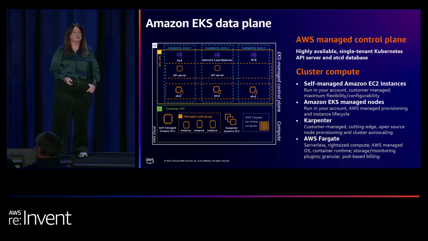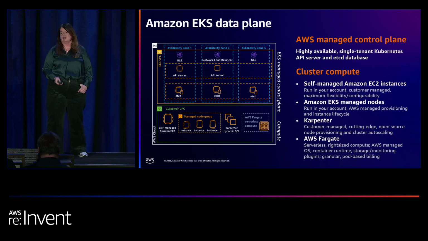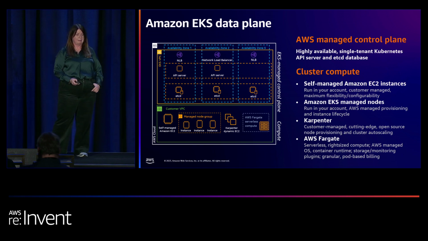It's an open source autoscaler that works with your EKS clusters to provision the right nodes for your workloads. Our final option is AWS Fargate. With Fargate, you specify the amount of CPU and memory you require, and that's what we bill you for. So you get that granularity of billing down to the pod level.